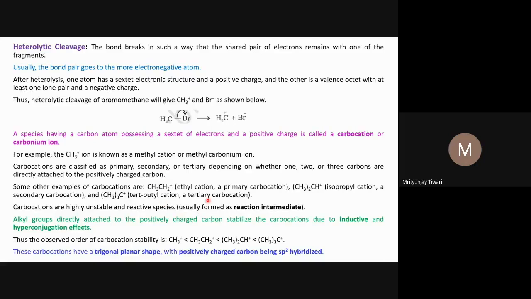So if you look at the plus I effect, if there is no methyl group attached to the carbon atom in a carbocation, like we have seen in the methyl carbocation, there will be no stability factor. If you add one methyl group, you get some plus I effect and some stability. If you replace two hydrogen atoms with two methyl groups, it will get more electrons from the two methyl groups.